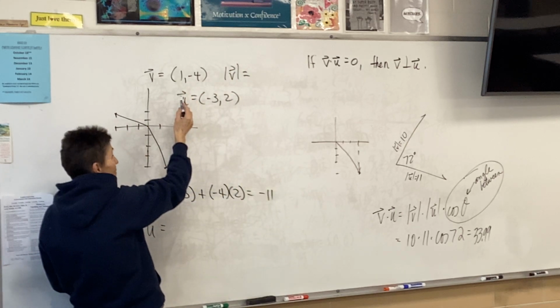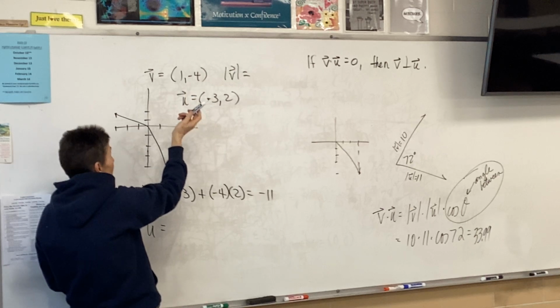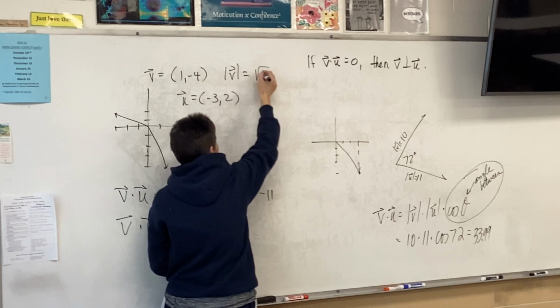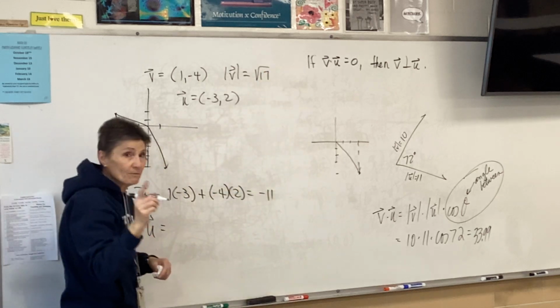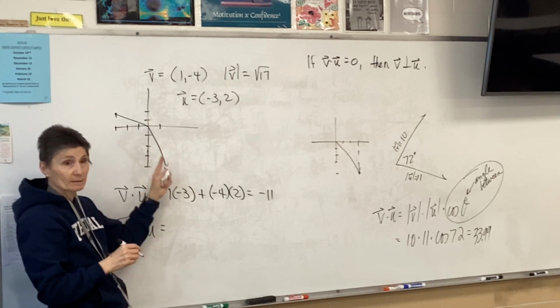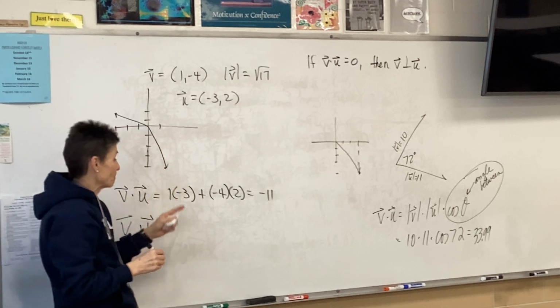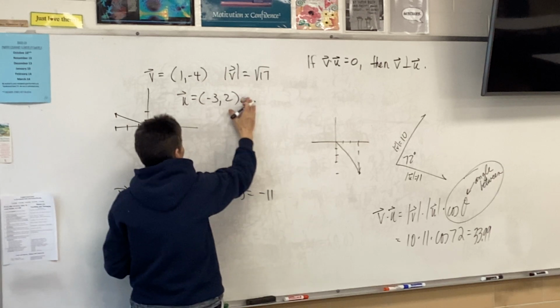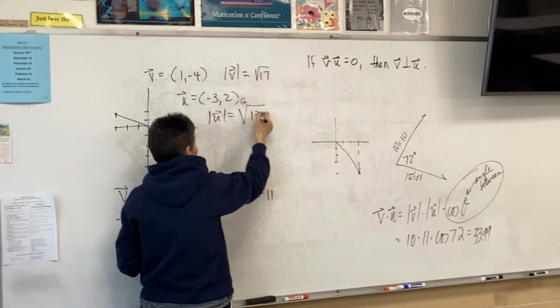We talked about this yesterday. The magnitude of the vector is the square root of 1 squared plus 4 squared, so that's going to be root 17. If you're confused by that, use your picture, set up a right triangle and do the Pythagorean theorem. And this magnitude is the square root of 9 plus 4, 13.